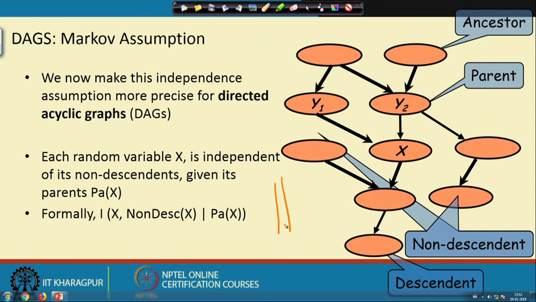I hope you understand what is a parent, ancestor and non-descendant in a graph. This is a directed graph, there is a directional arrow edge, and every attribute or variable is a node of the graph.